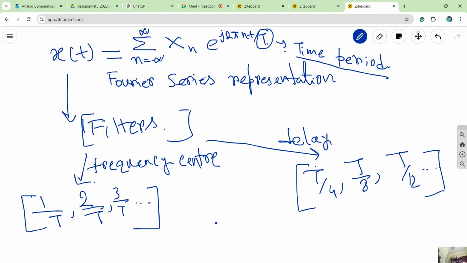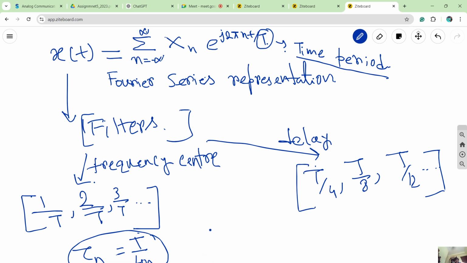So from this, we can say the delay tau n is actually T/(4n).